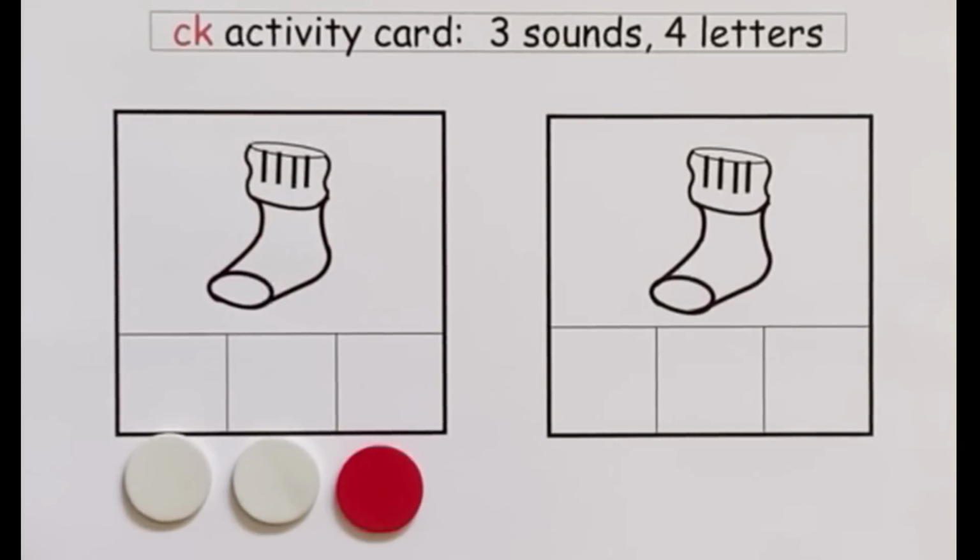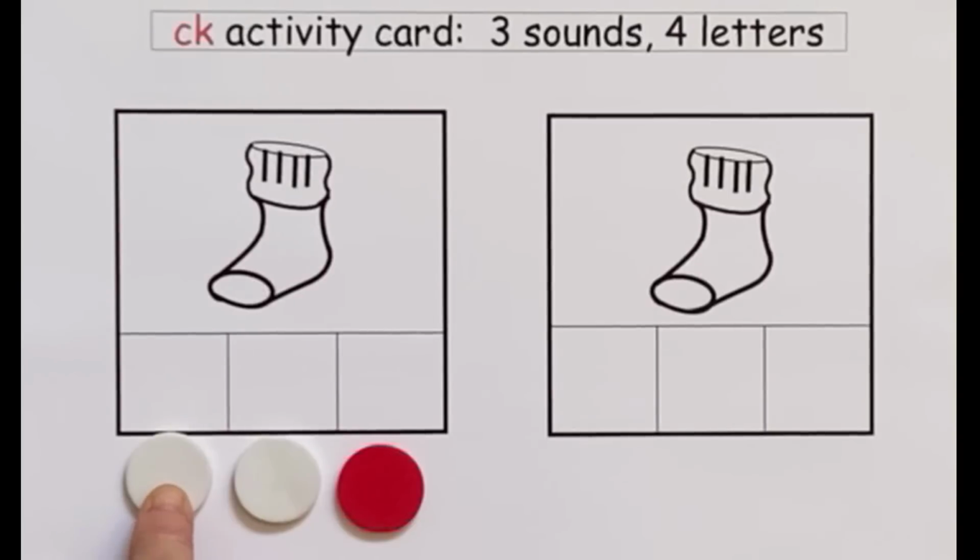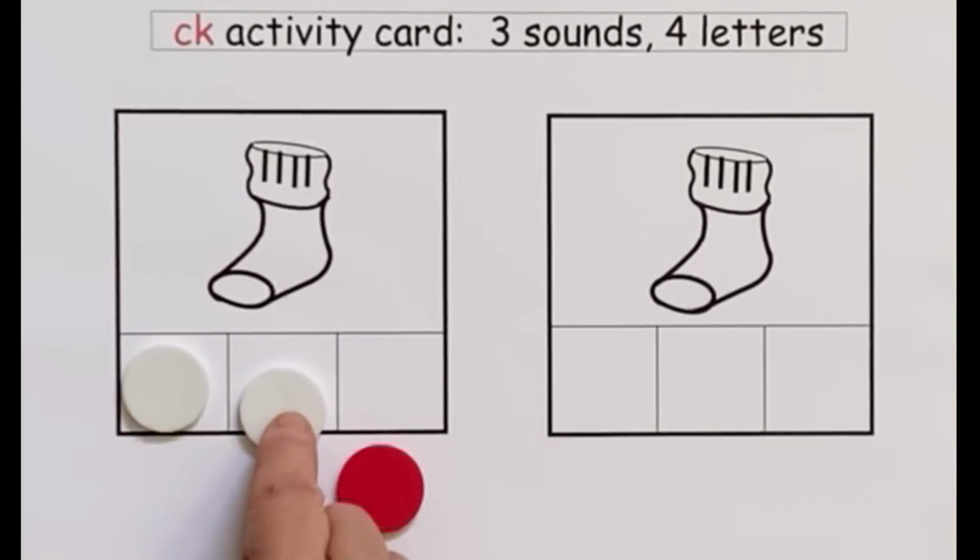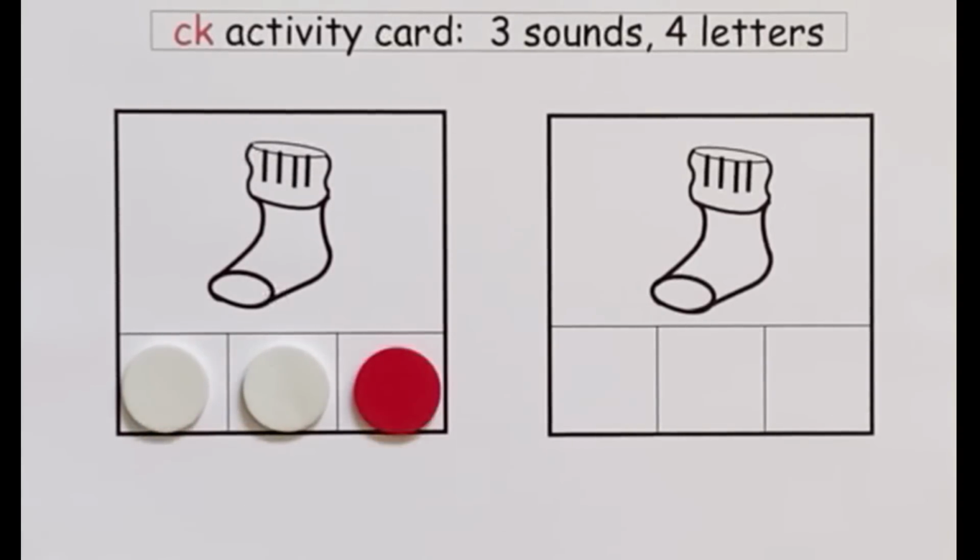So let's have kids push up a circle for each sound heard in the word sock. So first say sock with them slowly. S-a-k. And now let's have them push up. S-a-k. There are 3 sounds heard in the word sock, but there are 4 letters.